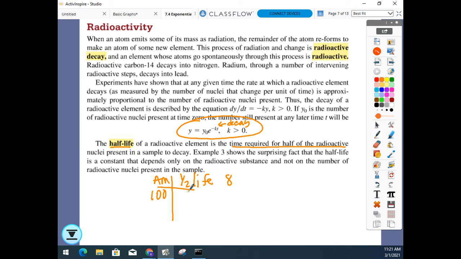After 8 years, you're down to 50. After 16 years, you're down to 25. After 24 years, you're down to 12.5. So the half-life is saying after this many years, it's decaying to this amount each time. So just that general understanding of what half-life means is kind of important.